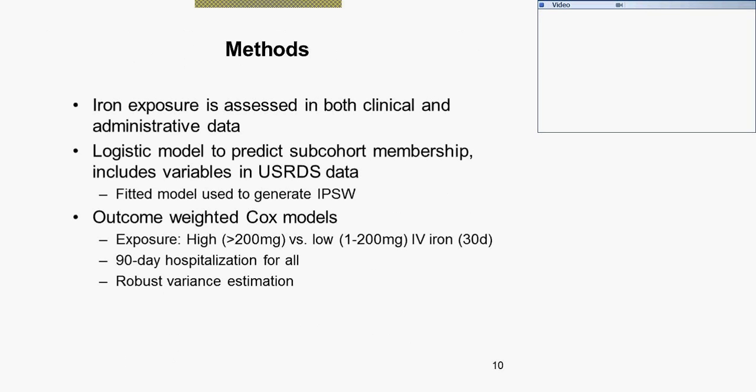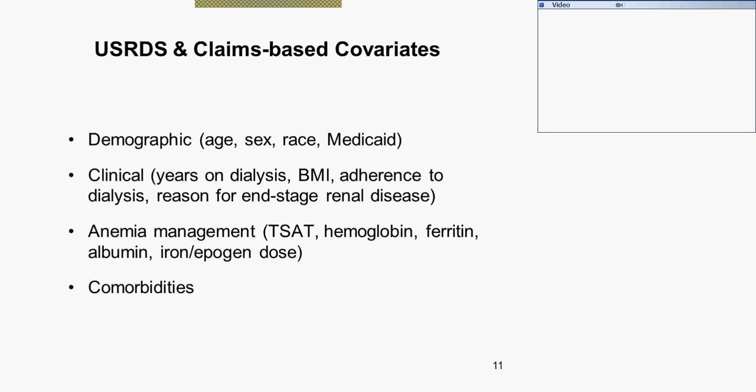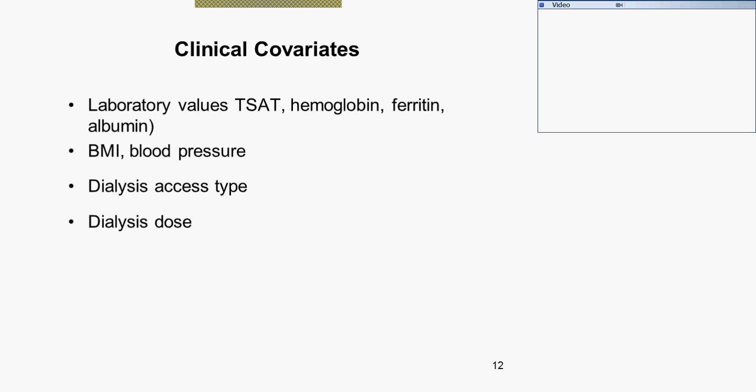We're using a logistic regression model to predict the probability of being in the subcohort, and we're looking at the outcomes in this setting using Cox regression with weights derived from this selection model. We're considering a variety of variables from the administrative data, from the U.S. Renal Data System, typical kinds of variables that we can get from claims data, and then also the variables that we're getting from the clinical database.